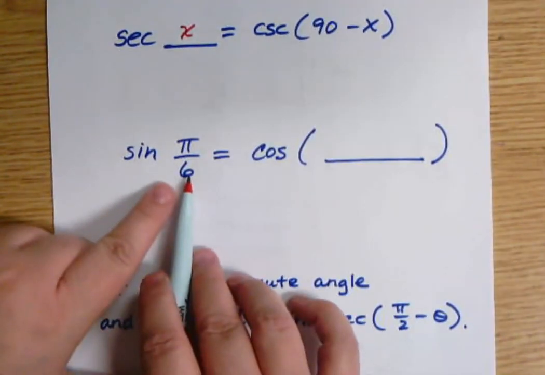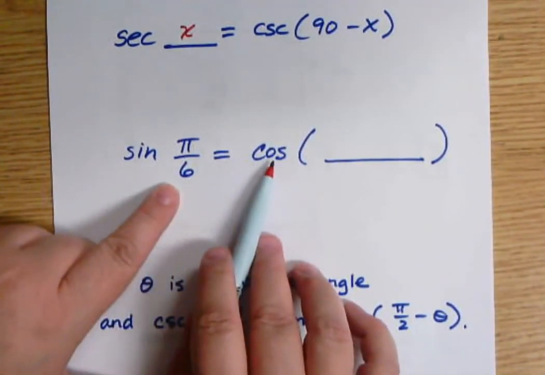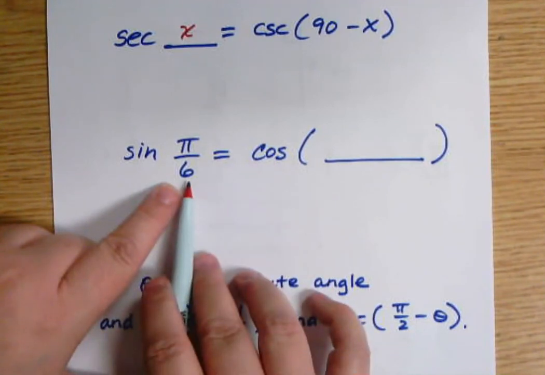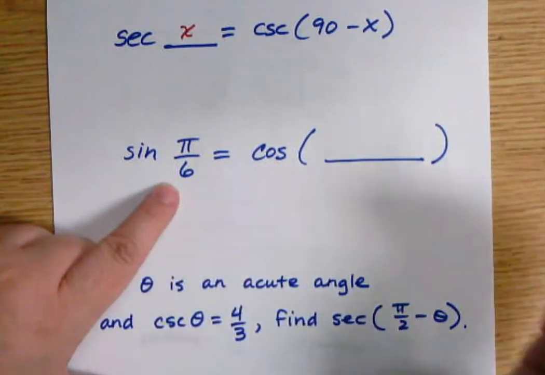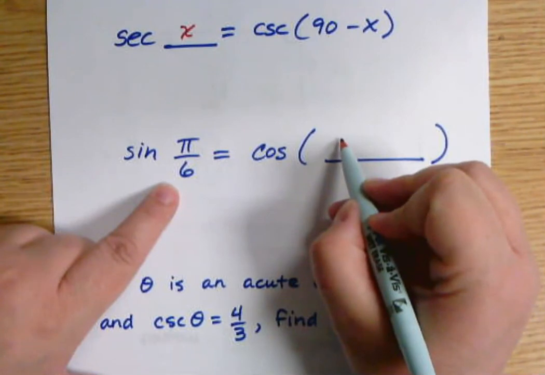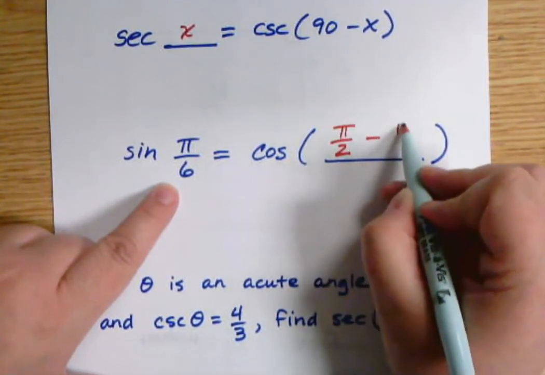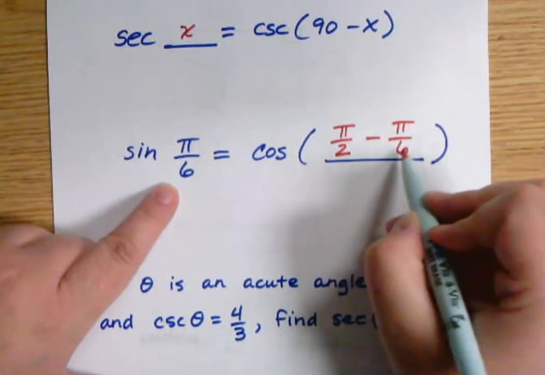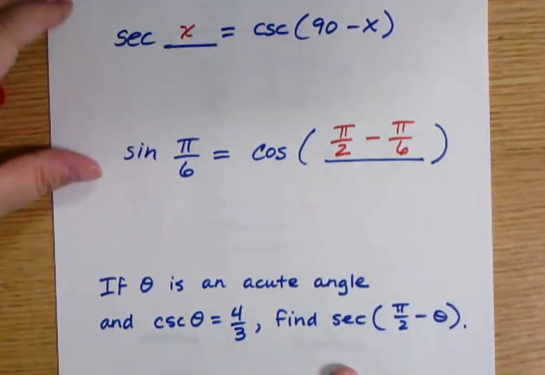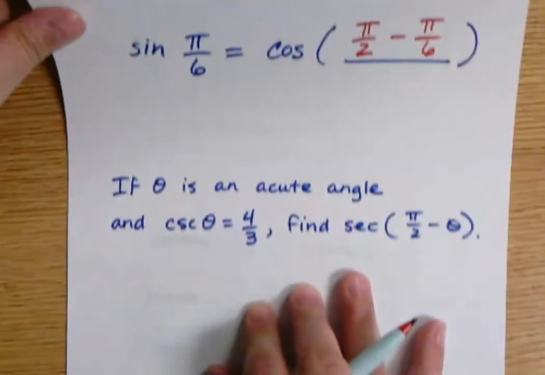The sine of pi over 6 is the cosine of what? Well, since we're saying pi over 6, this must mean in radians. So I could say 90 minus pi over 6 or pi over 2 minus pi over 6. Those are complements.